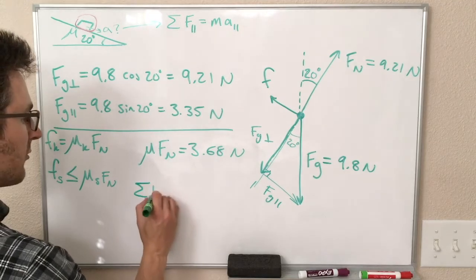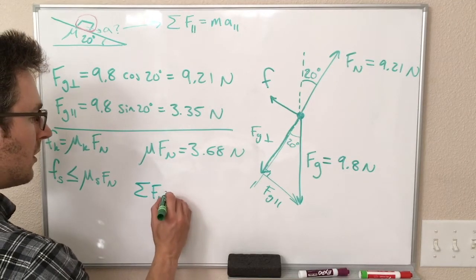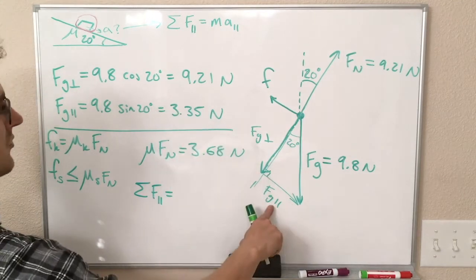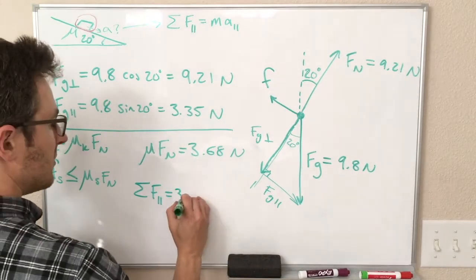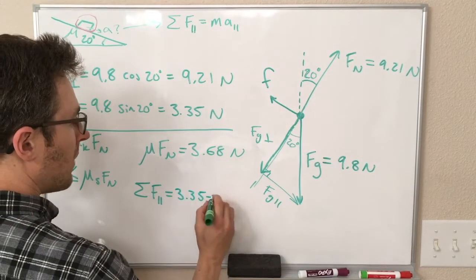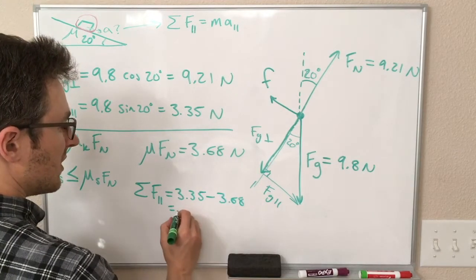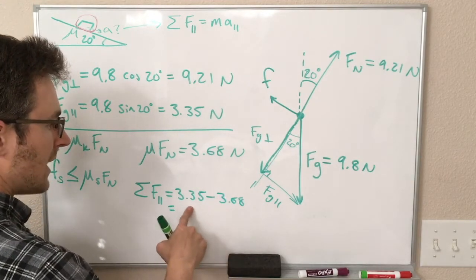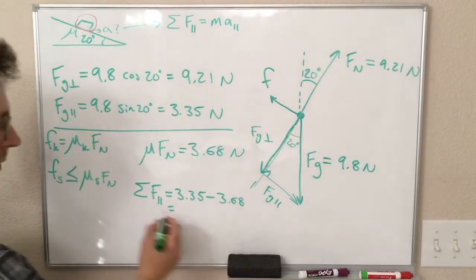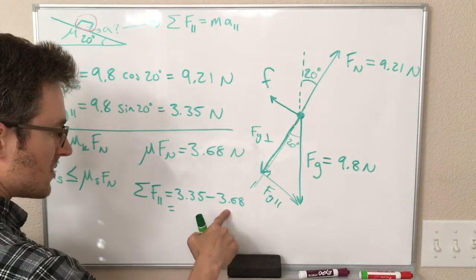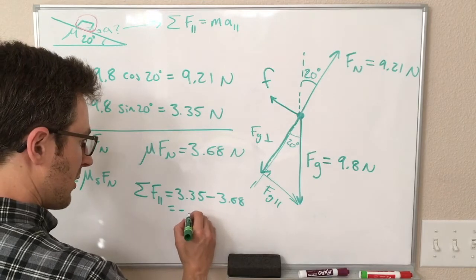We get the sum of our forces in the parallel direction is equal to Fg parallel, that is 3.35 newtons down the ramp, minus 3.68. Well, this is going to give me a net negative force, a net force up the ramp, right? So this minus this is minus 0.33.